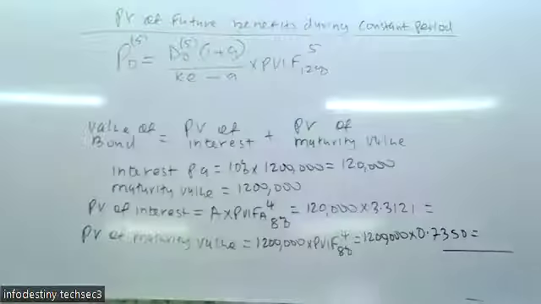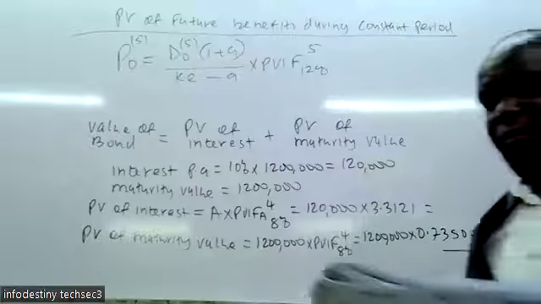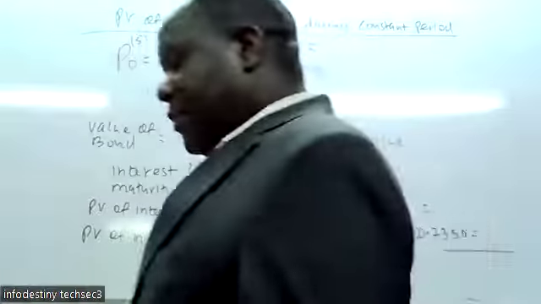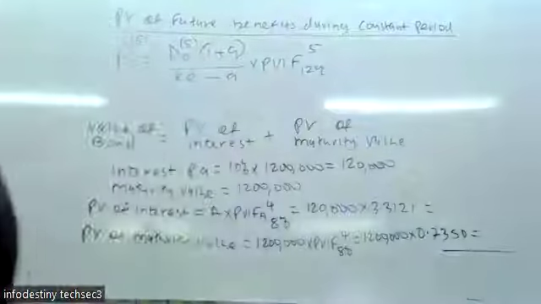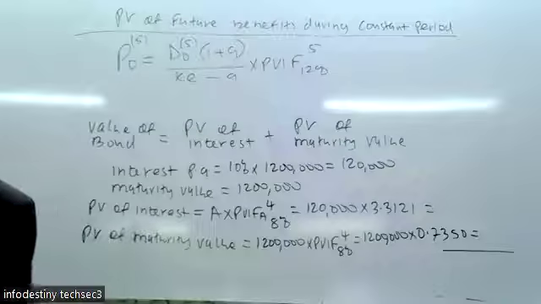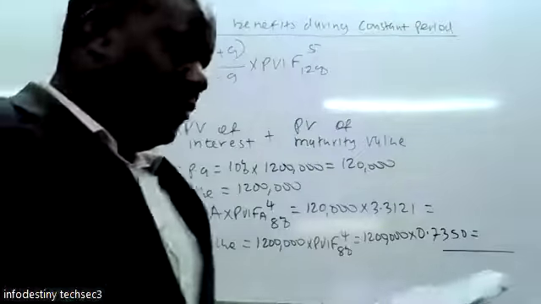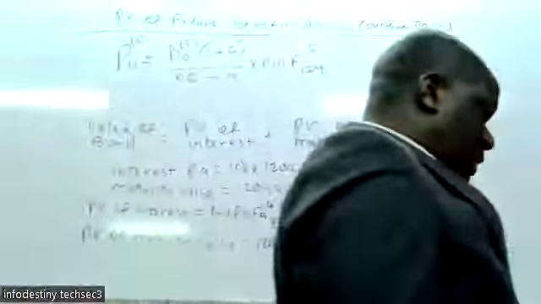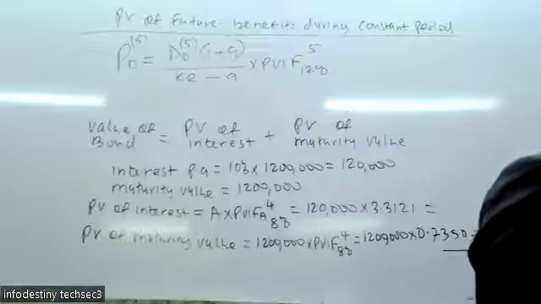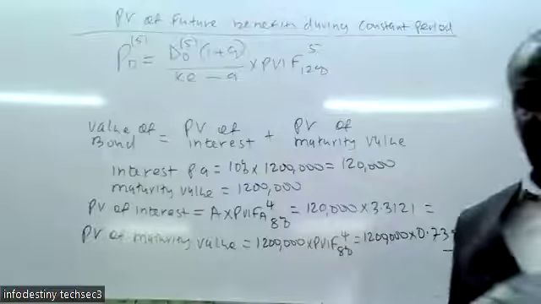The bond will either be redeemed at a 20% premium after 5 years, or convertible into equity at a conversion rate of shillings 100 per 2 ordinary shares.